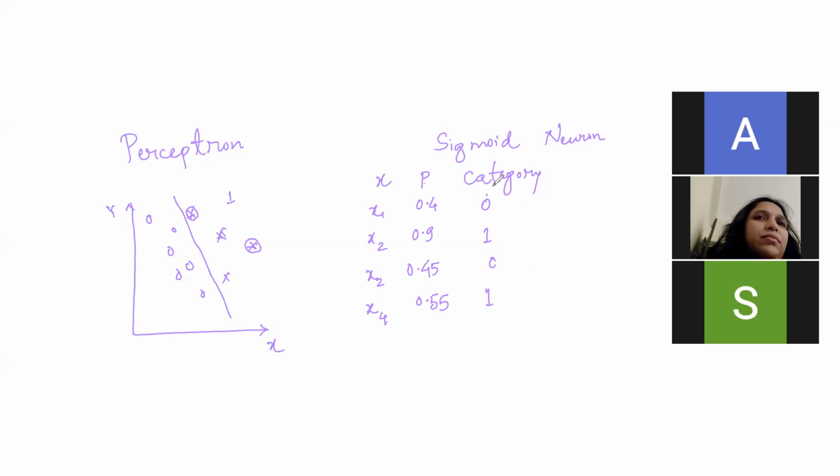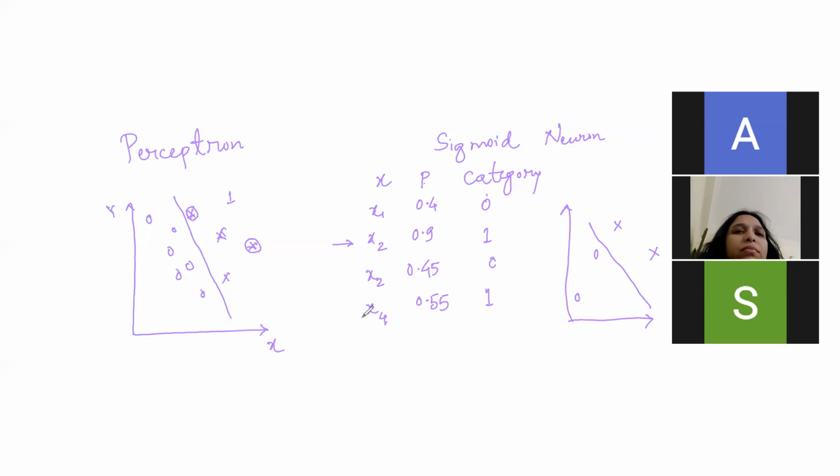So if we plot this data onto the coordinate axis, you'll see that the point for which we have a very high probability score, for example, where we are 90% confident that this particular point x2 will go to category 1, will be very far away from the decision boundary.